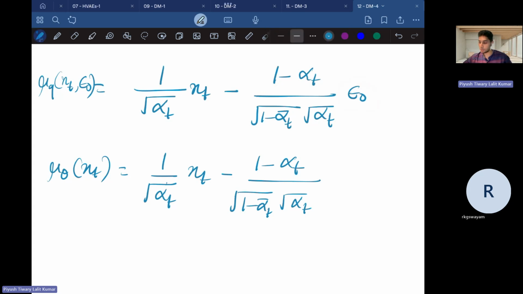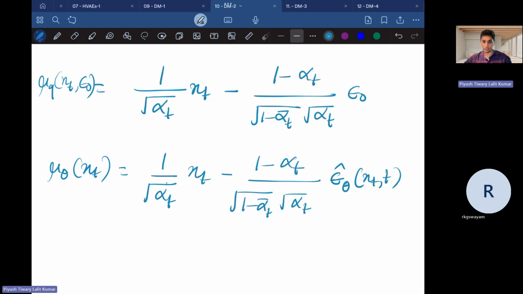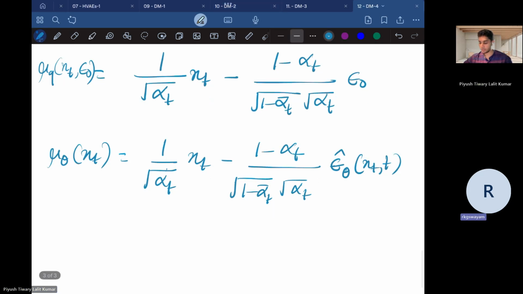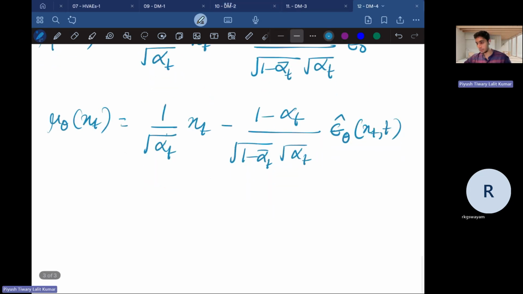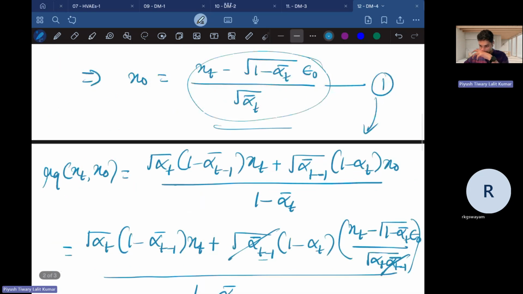So this is the unknown. So instead of using epsilon naught, we can use a neural network here, epsilon theta hat of xt comma t. This argument is very similar to what we did here, but instead of x naught, we are using epsilon theta, right? So if that is the case, then what will be our loss function finally?